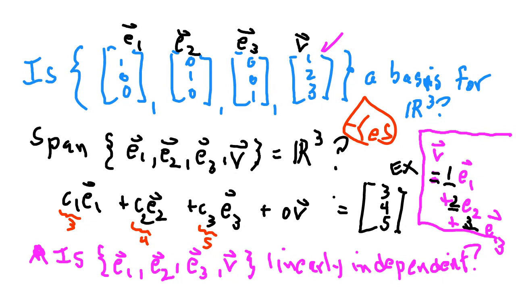So is the set of vectors linearly independent? Does this relationship here, the fact that V can be written as a linear combination of the other 3 vectors, is that an independent relationship or a dependent relationship?